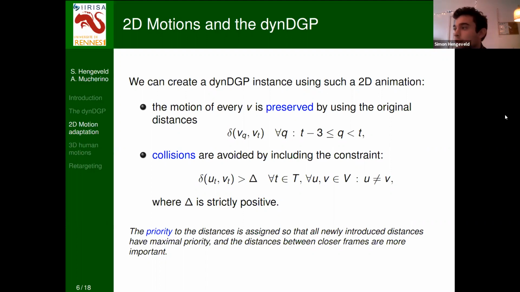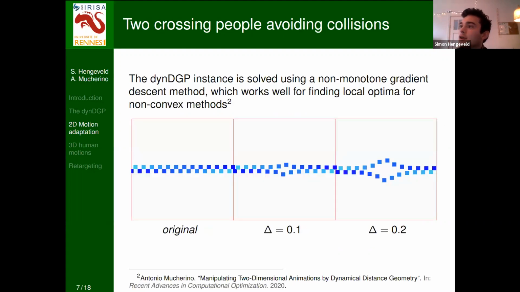Now let's see some results with this previous 2D motion when we include this collision avoidance constraint. This instance was solved by using a non-monotone gradient descent method, which works well for finding local optima for non-convex problems, such as this one.